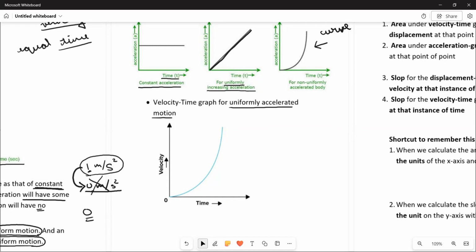Our velocity, our speed, constantly keeps increasing and increasing. And this change in velocity with the increasing time keeps on increasing. So for that purpose, we show a velocity time graph for uniformly accelerated motion will give us a parabola.